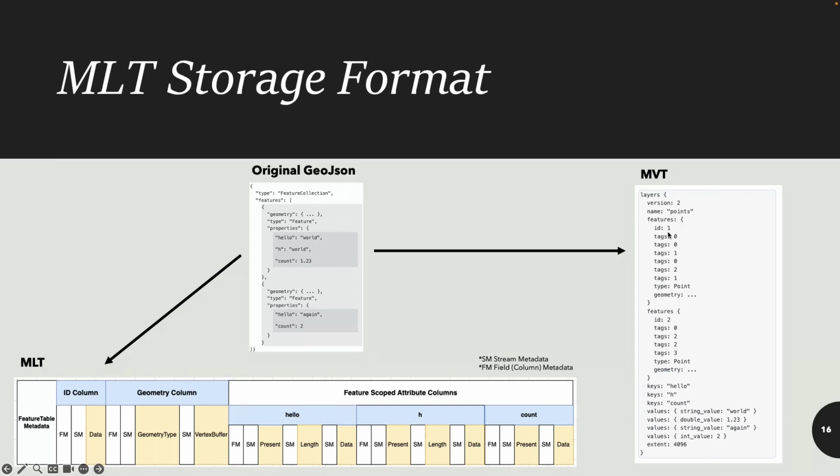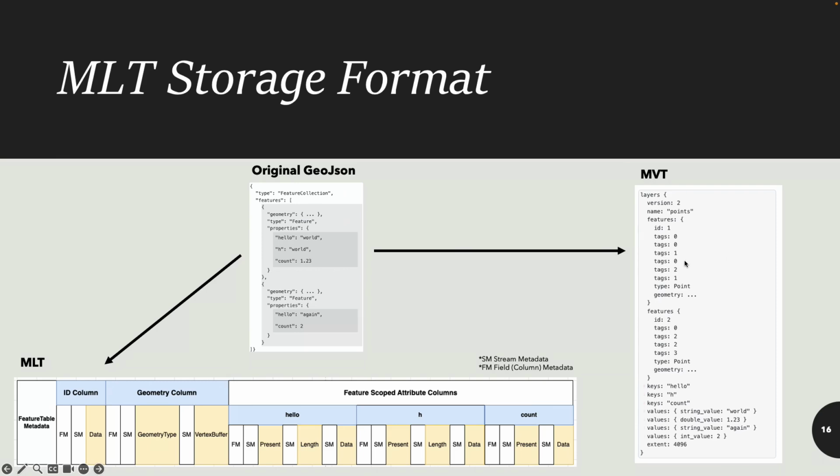And now the different properties of the features are encoded one after each other. So it starts with the ID, then you have the attributes, like hello is one attribute with the value world, then again another property with world, and then you have the count with 1.23. And then the next feature, for example, comes.